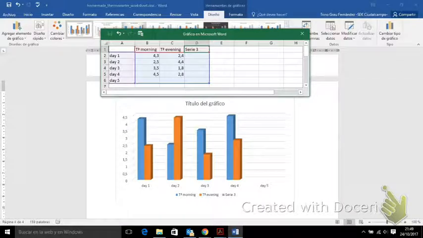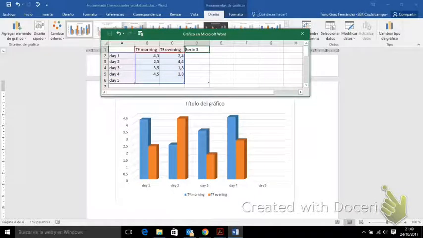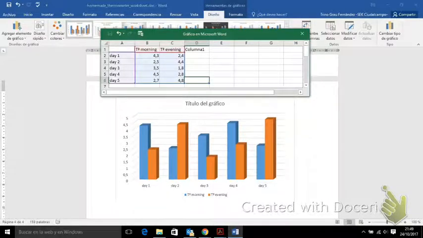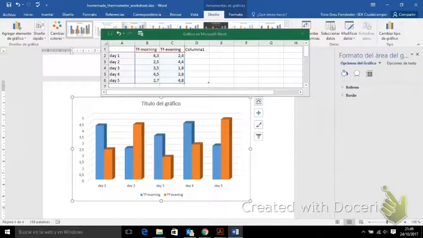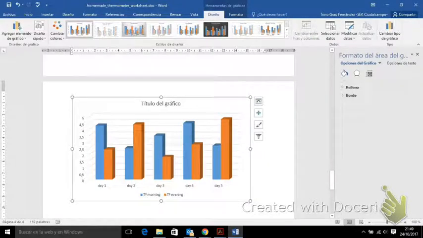I'm going to select only this, and here I invent two data series. And so the title of the graph will be cell phone temperatures. Okay, so we have the two graphs.